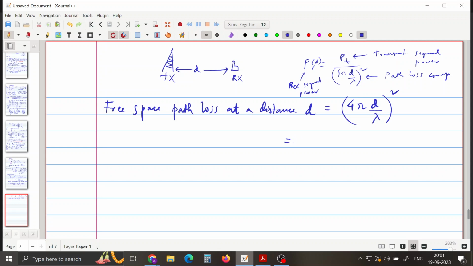So I have to subtract the free space path loss in dB from it. If you convert to dB, you have to take 10 log base 10 of 4 pi d by lambda whole squared.